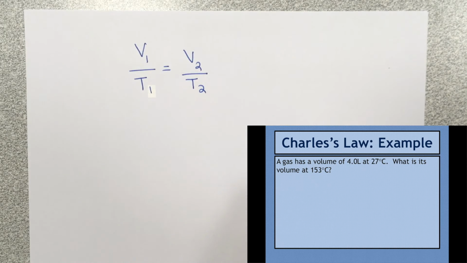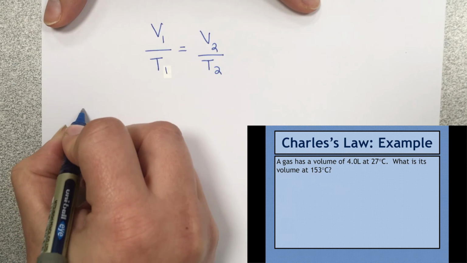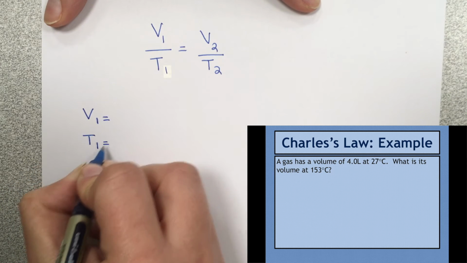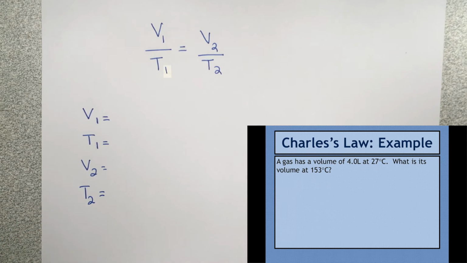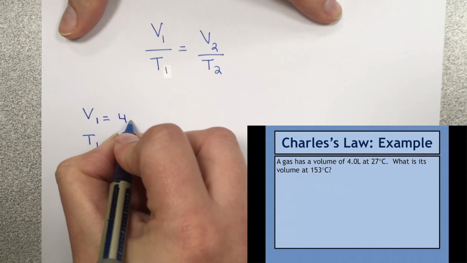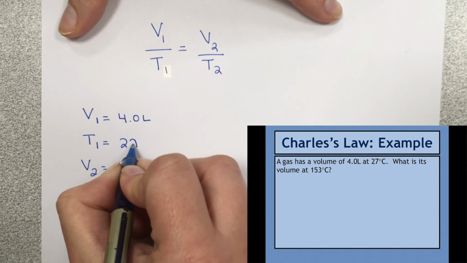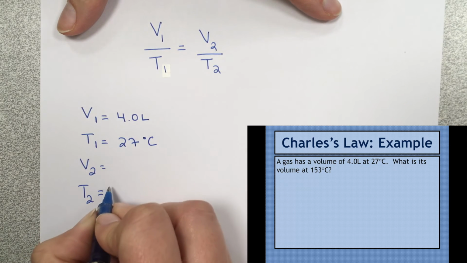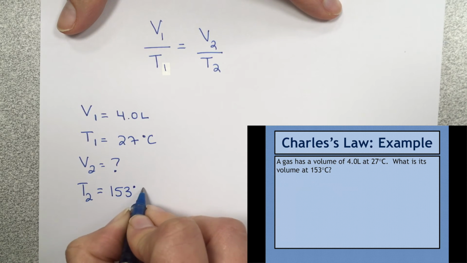So we are going to be given 3 out of 4: volume 1, temperature 1, volume 2, temperature 2. A gas has a volume of 4.0 liters at 27 degrees Celsius, and what is its volume at 153 degrees Celsius?